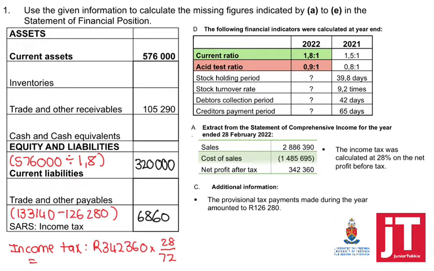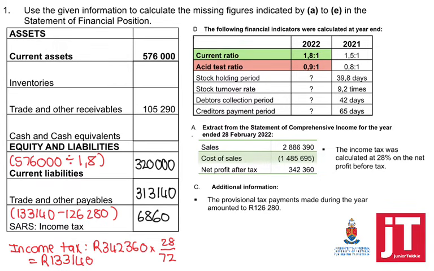So to calculate our income tax, we need to take the net profit after tax. What do we want to calculate? We want to calculate the income tax, which is 28%, and this is why we times it by 28 and we have to divide it by 72.